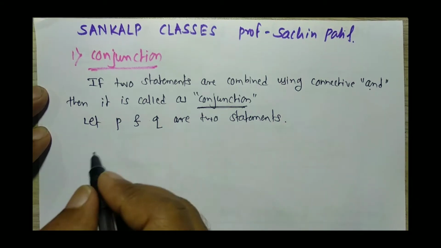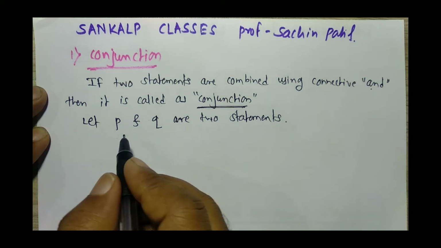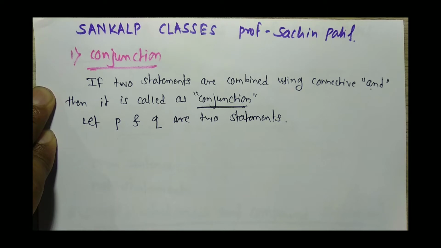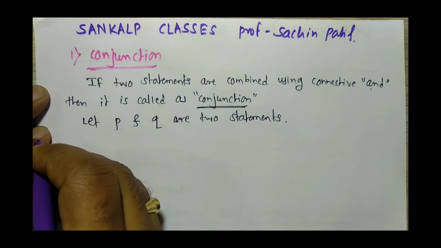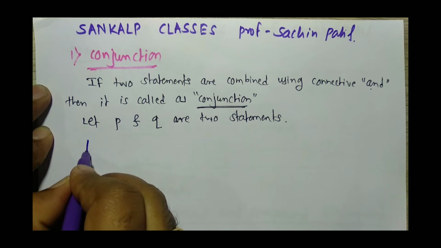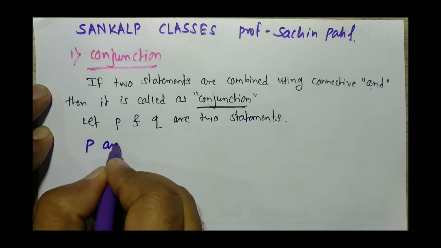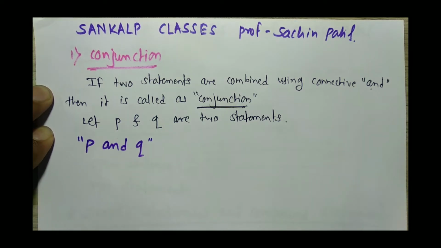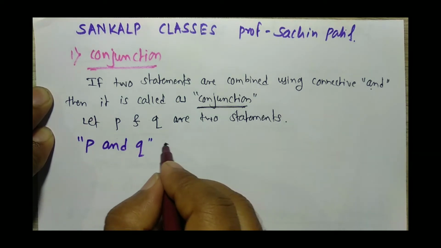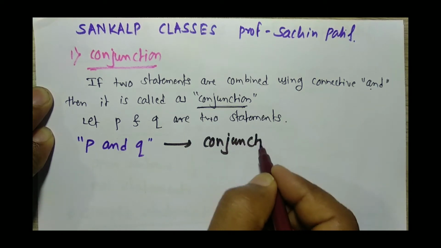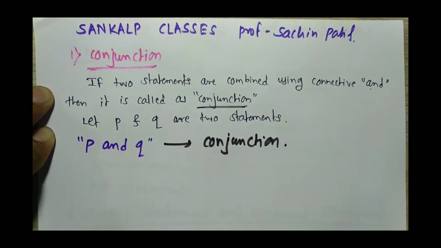Now, P and Q are statements, then you have to consider P and Q, which is called a conjunction.